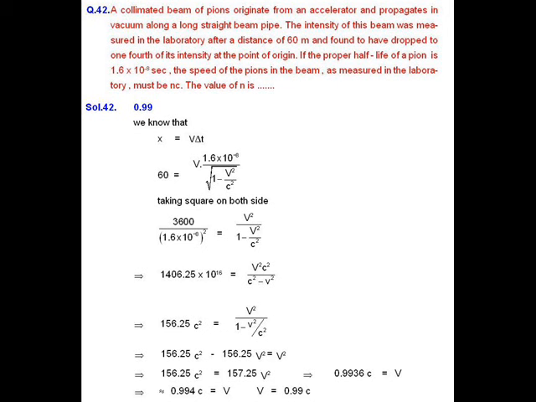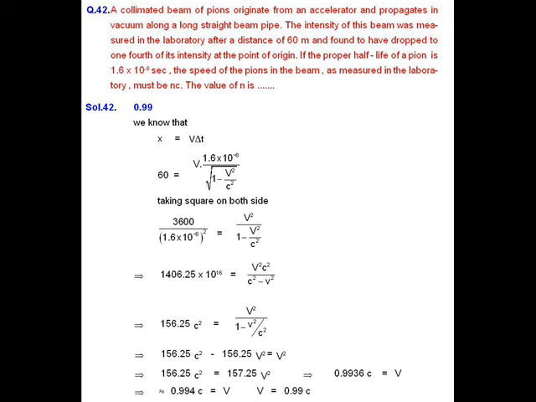The travel distance x = v Δt. So x is given as 60 meters. So 60 = v × (1.6 × 10⁻⁸) divided by √(1 − v²/c²).